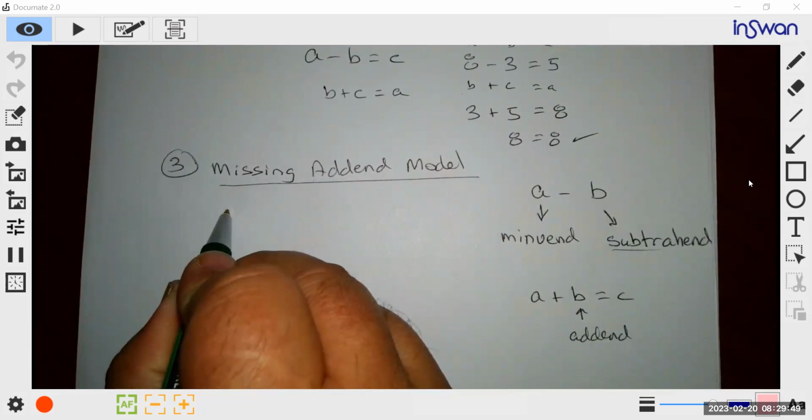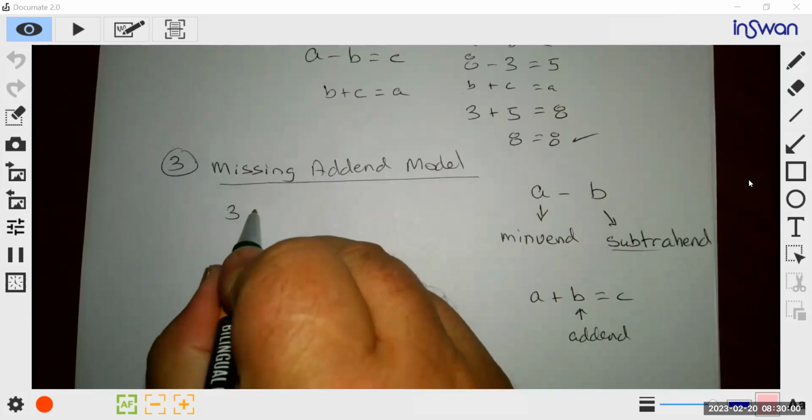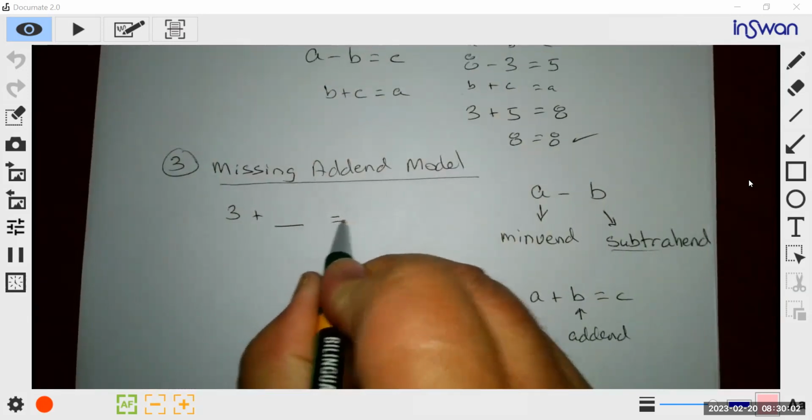For example, a good way of teaching subtraction is if I gave you this equation.